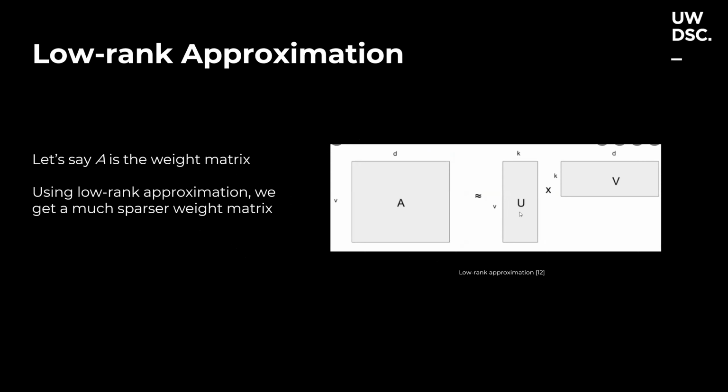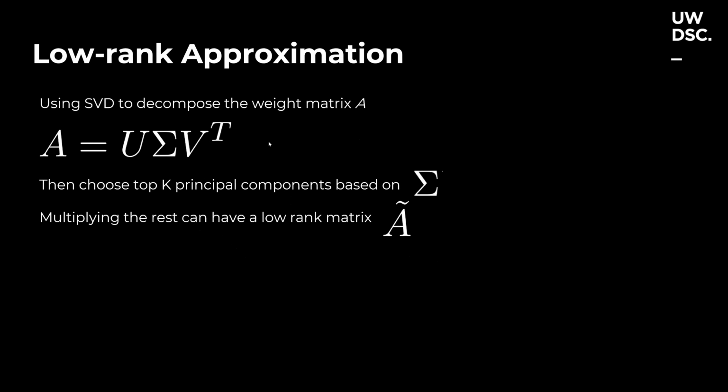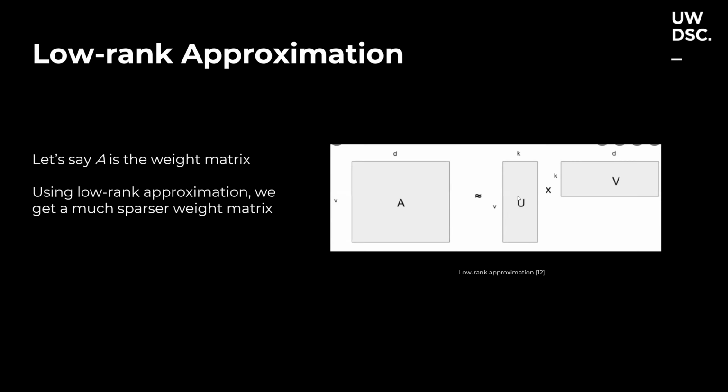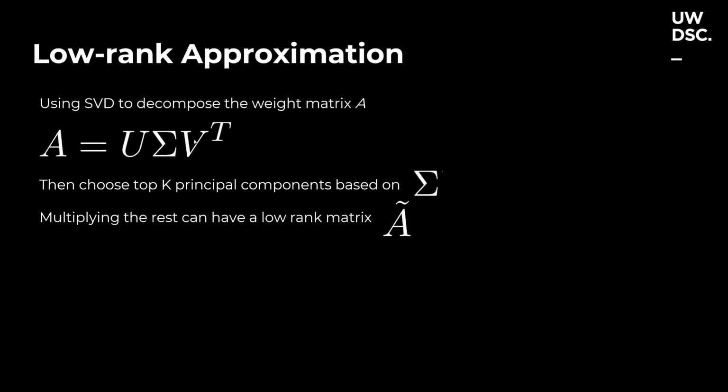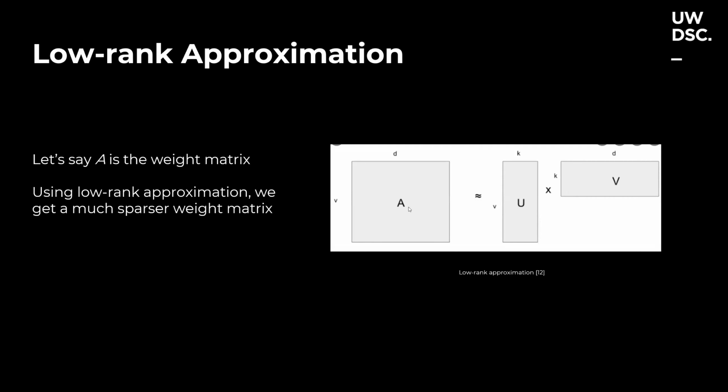We can approximate it using U times V. So using the singular value decomposition, like a linear algebra trick to decompose our matrix A or theta into three matrices, and basically take the matrix U and find the number of columns that contains the most variance, and truncate it, and we get a truncated version of U. So we take the top K columns of matrix U, and find V. In this case, we have V transpose, and multiply them to approximate A, and thus reducing a lot of parameters.